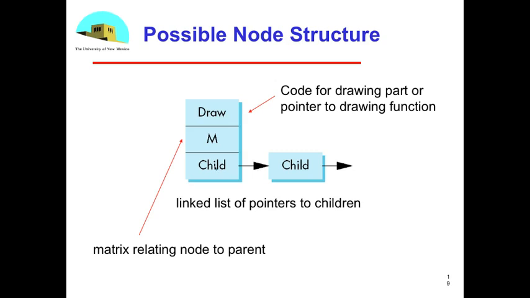If there are no children, there'll be the equivalent of a null pointer here. And if there's one child, it'll have a field here that will say, okay, what's the next child? If that's null, then there's only one child, as in this robot arm. But if there are other children, as we'll see, it'll point to the next child and the next child and the next child until you see a null.